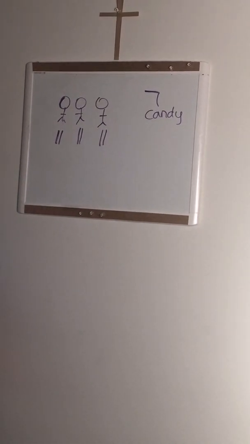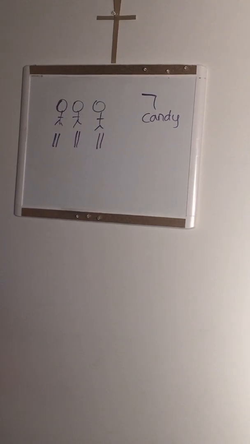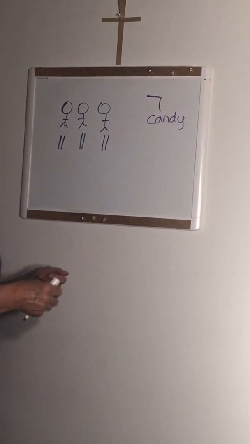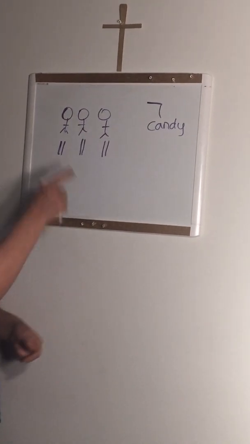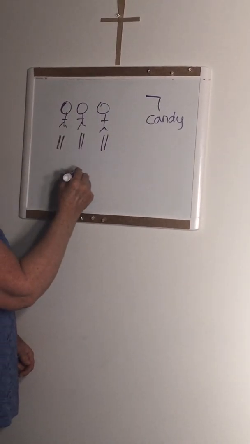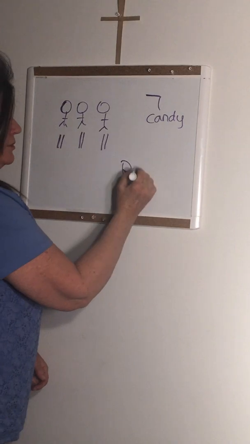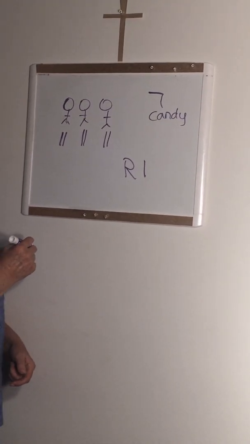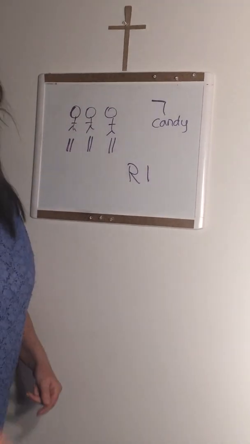Uh-oh, I have one left over. Who's going to get the last piece? Because it's not even. So I have a remainder. Each student got 2 pieces, but I have a remainder of 1 left who I don't know who to give it to. Okay? So that's what remainders are.